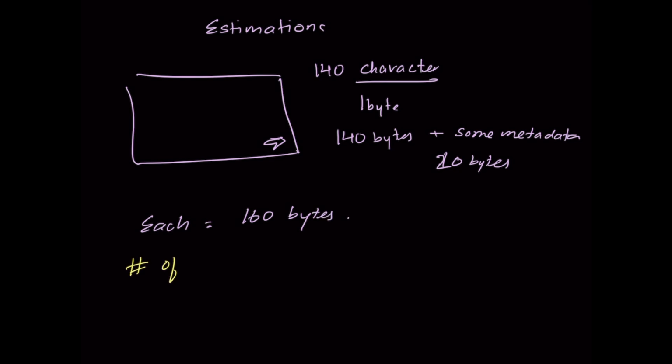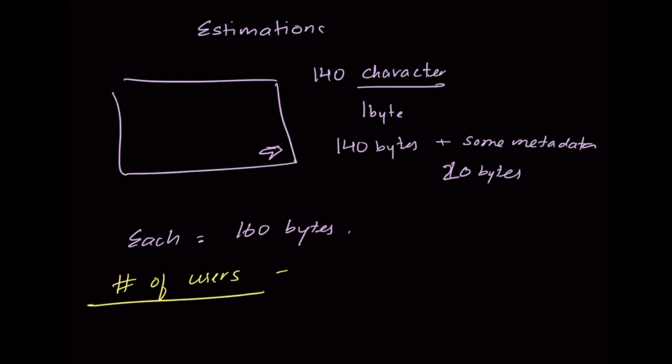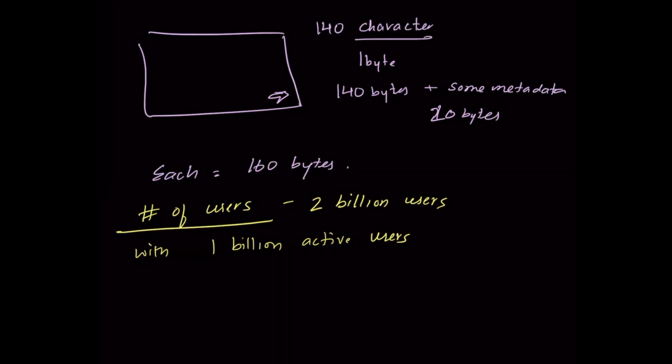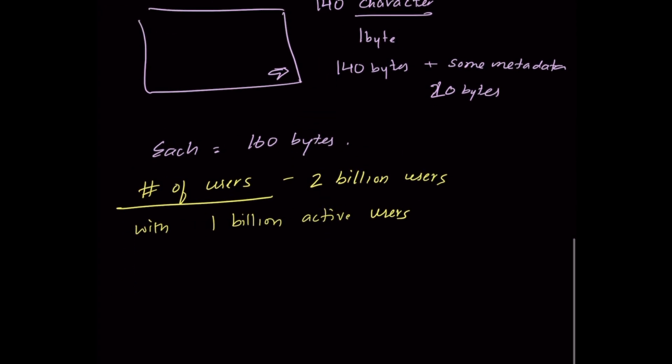Okay, so let's think about the number of users. So we have, let's say, 2 billion users with, let's say, 1 billion active users. And if you think about how you interact with Twitter, you're mostly reading.